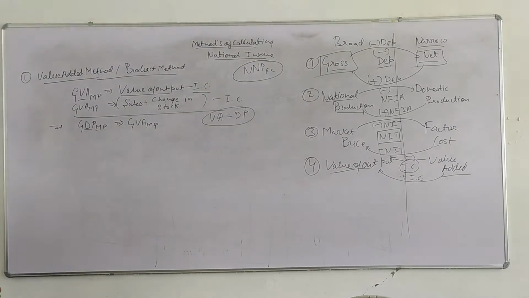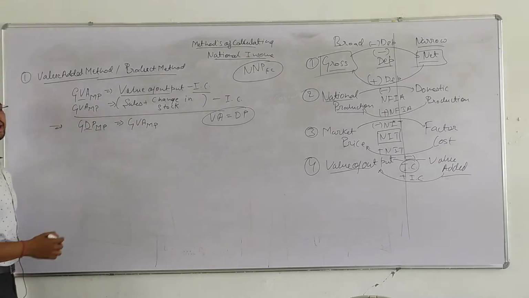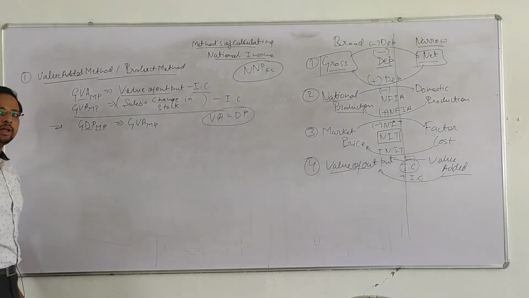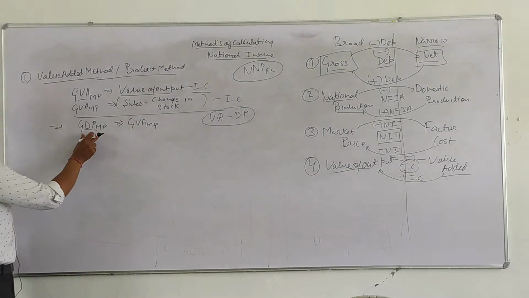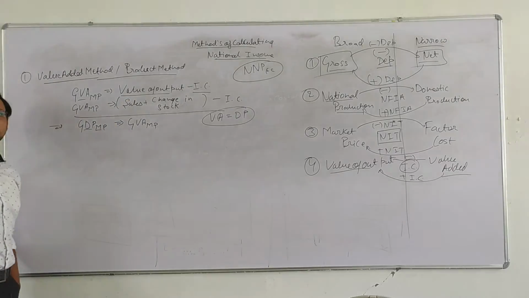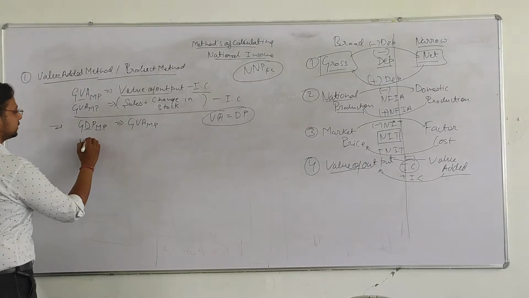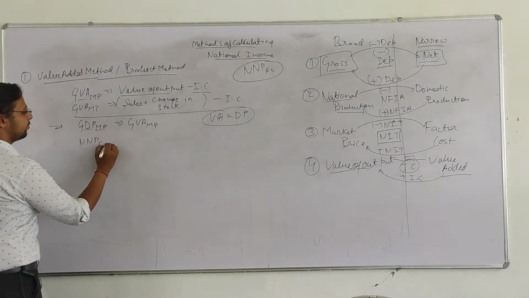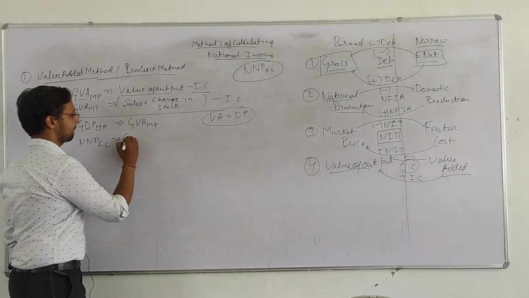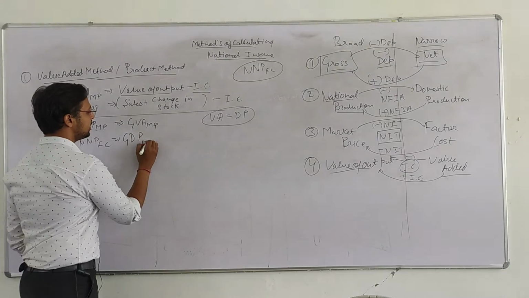Okay. So how do we convert GDP at MP to NNP at FC? Now our only work is to convert GDP at MP to NNP at FC, and how do we do that? We do it like this: NNP at FC equals GDP at MP.